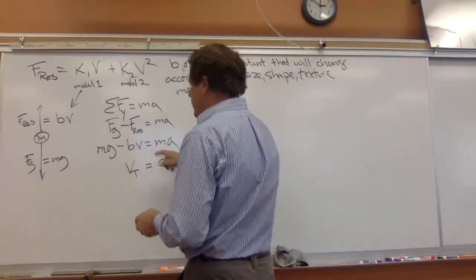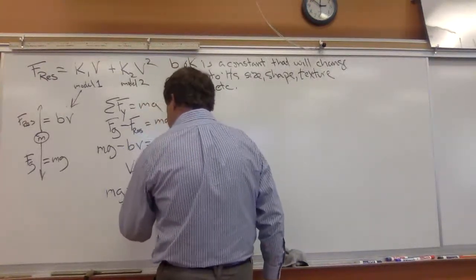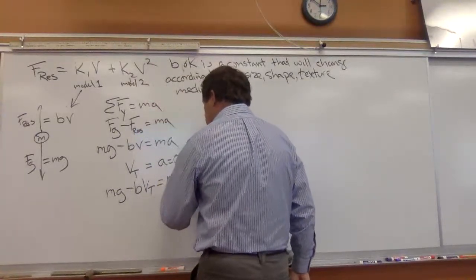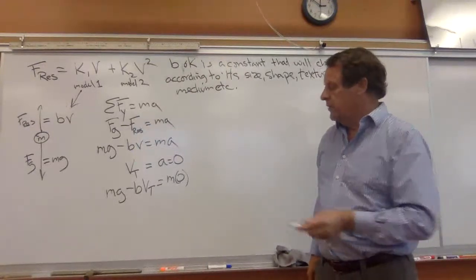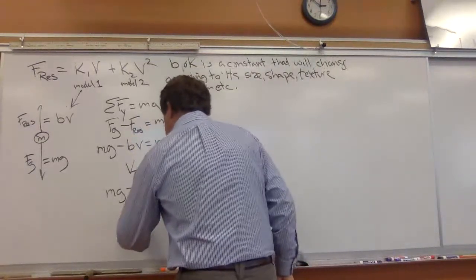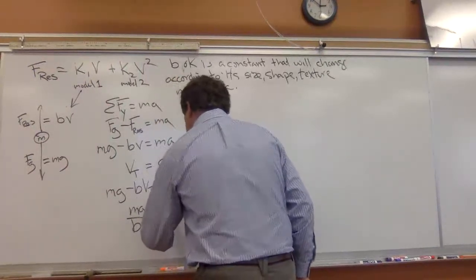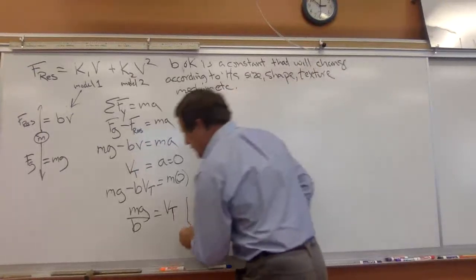Now, if we plug this in, we can say mg minus b v_t is equal to m times 0. And now we can say, for example, that mg divided by b is equal to our terminal velocity.